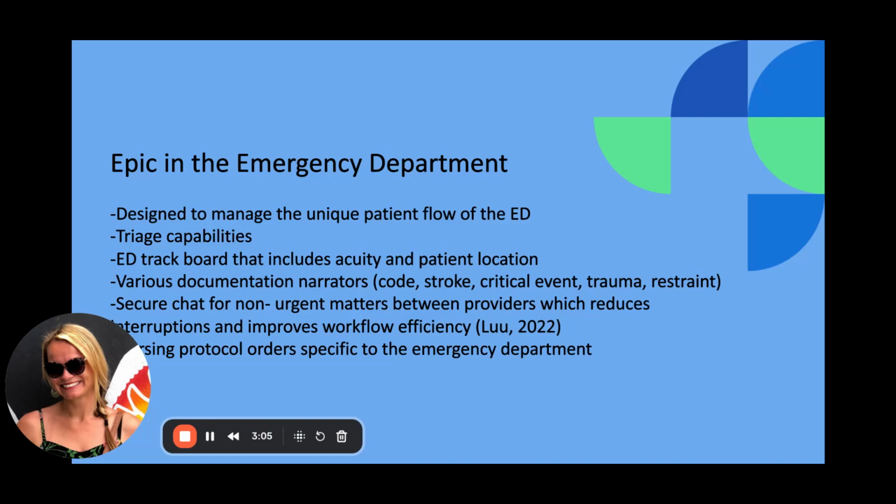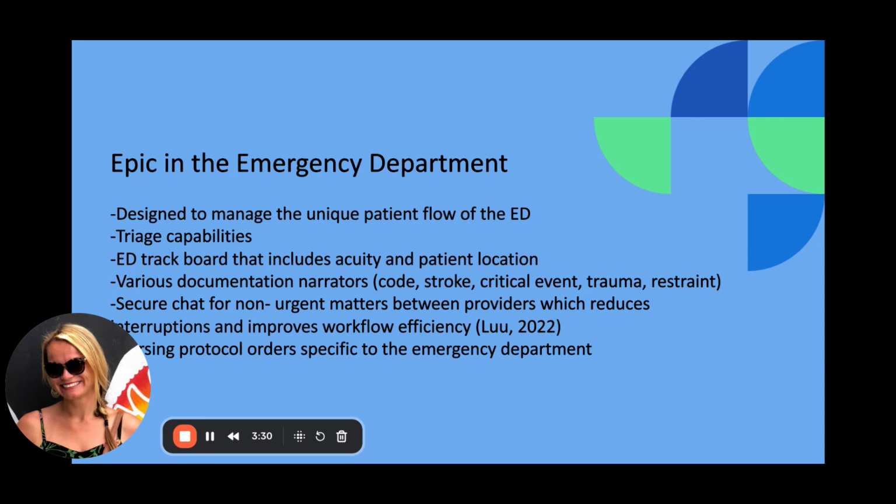Epic in the emergency department has been tailored to our needs. It's designed to manage the unique patient flow of the ED. It has different triage capabilities. The ED trackboard includes acuity and patient location, which is unique to the emergency department. It also has various documentation narrators, such as code, stroke, critical event, trauma, and restraints.